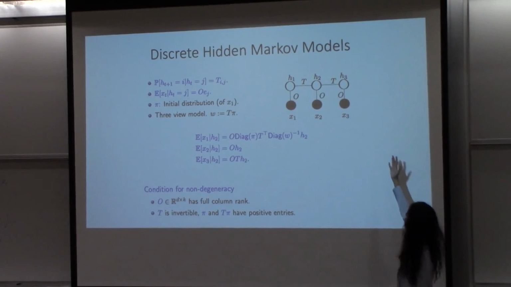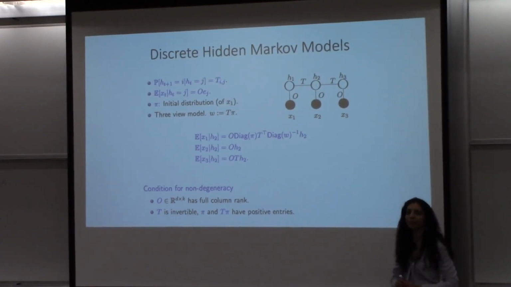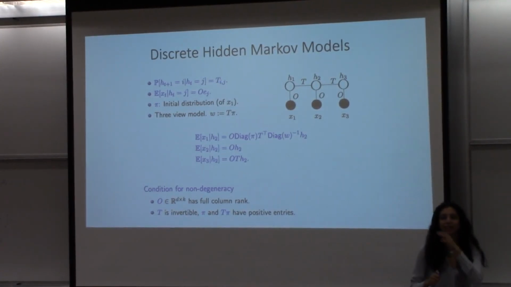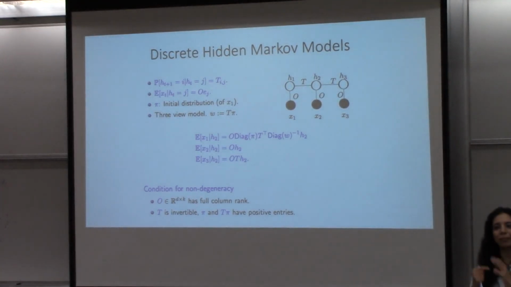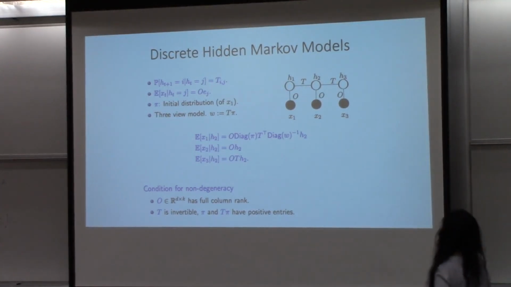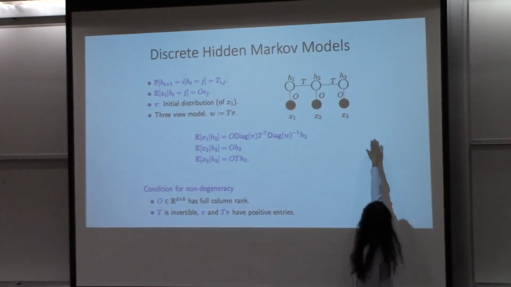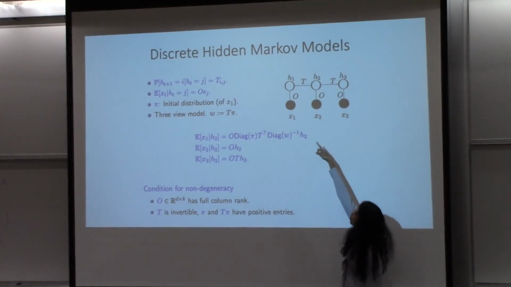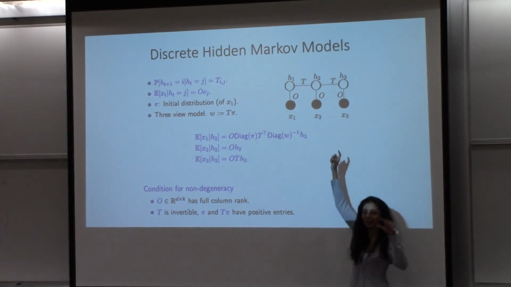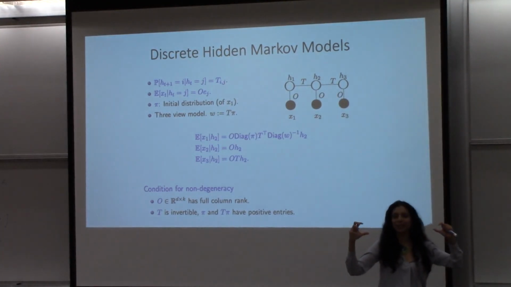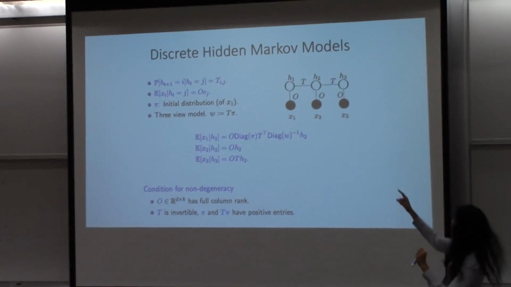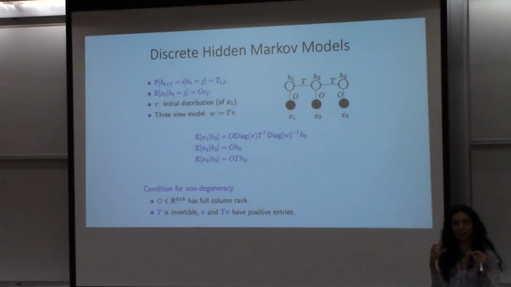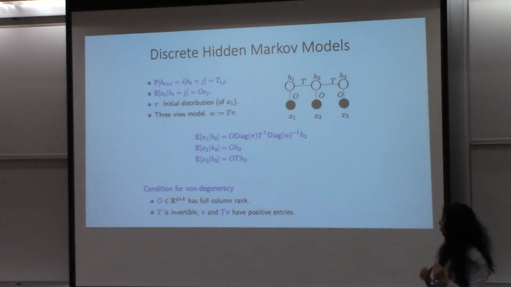In this case, if you look at 3 consecutive measurements and ask how the hidden variables are related to the observed variables, you can marginalize H1 and H3. Those 2 hidden variables you cannot directly identify, because being just in the middle is not enough to uniquely identify what H1 and H3 are.